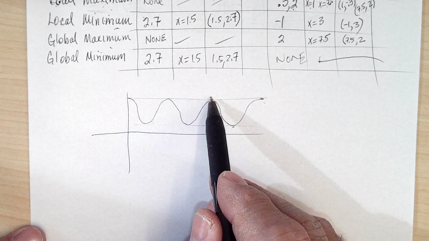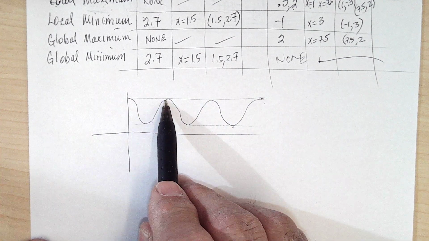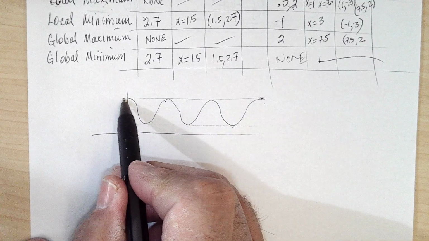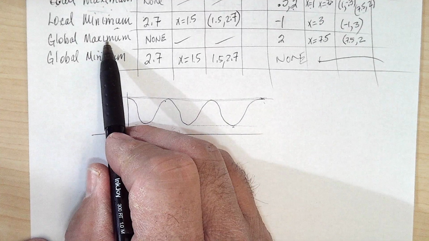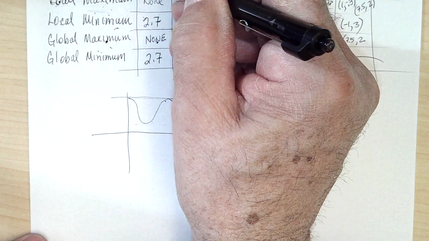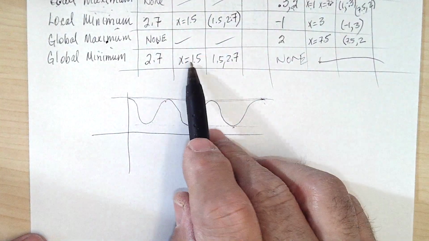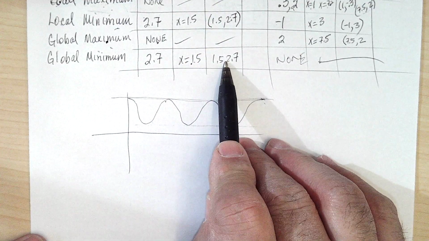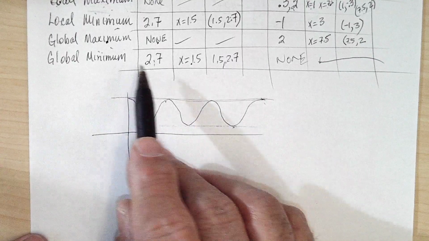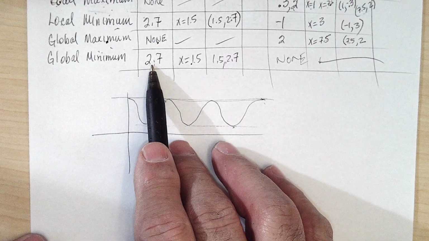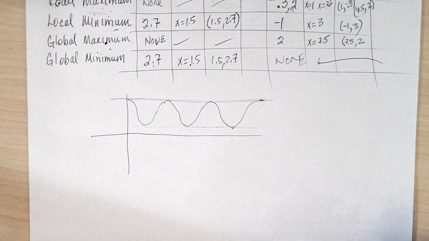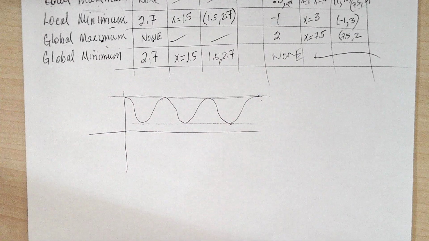So it has multiple places where there's a global max, but there is only one global max value, that height. So there can be only one value where what is the maximum? It's a value. It may happen in several places, and so there might be several points, but there's still only one global max and one global min. The value is singular, where it happens might be multiple places. Okay, that's my explanation of that.